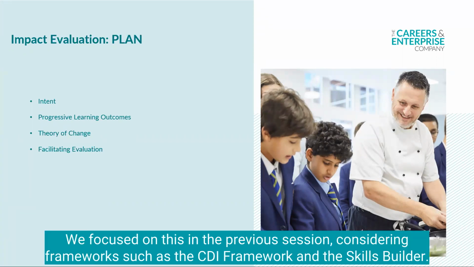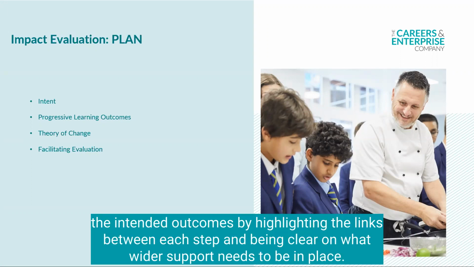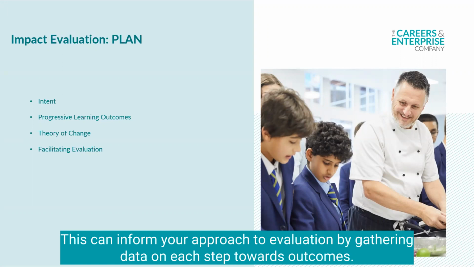We focused on this in the previous session, considering frameworks such as the CDI framework and the Skills Builder. The concept of theory of change can be helpful, setting out how the activity or programme will achieve the intended outcomes by highlighting the links between each step and being clear on what wider support needs to be in place. This can inform your approach to evaluation.